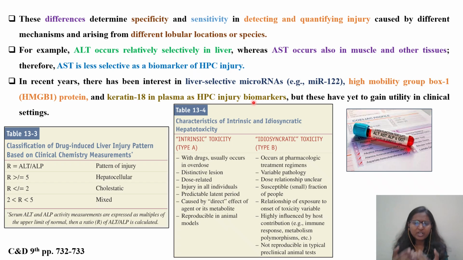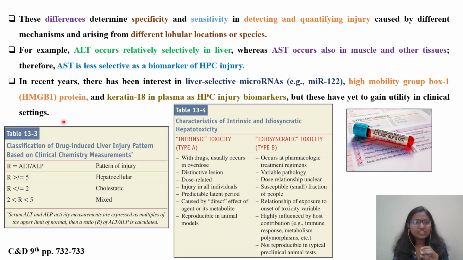So nowadays new markers apart from ALT and AST, either microRNA, HMGB1 protein or keratin, are coming up as new biomarkers, but they have yet to gain utility in clinical settings. Yes, because we have a lot of historical control data based on the previous markers. Whenever a new marker comes into the picture, we need more studies in order to replace the older markers. So it is still in the pipeline. Once we start gathering data, these new methods can replace the old methods.